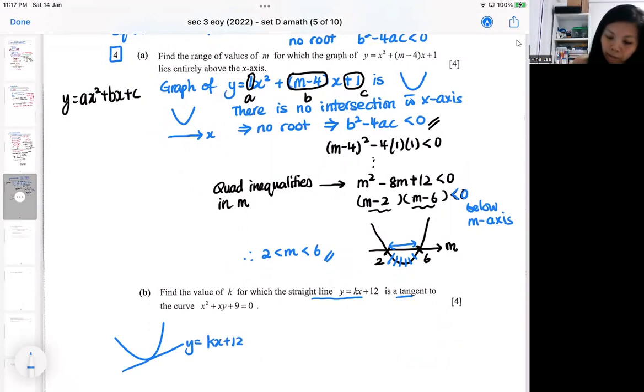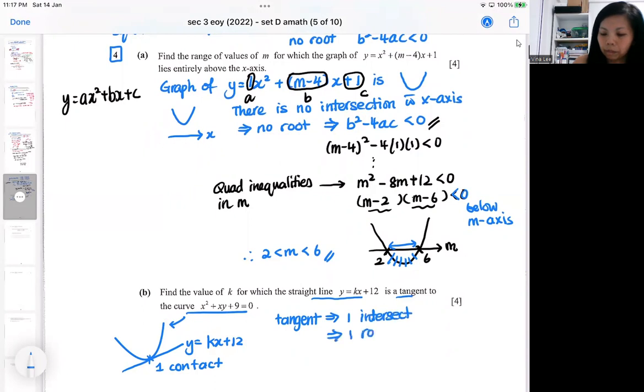And then this part is the curve. If you look, there is only one contact point. So this contact point is like an intersection. So tangent means there's only one intersection. And being one intersection means one root. Means your discriminant must be equal to 0.